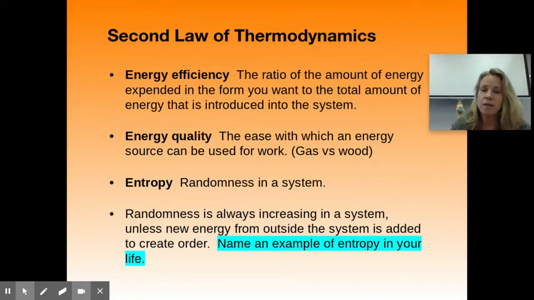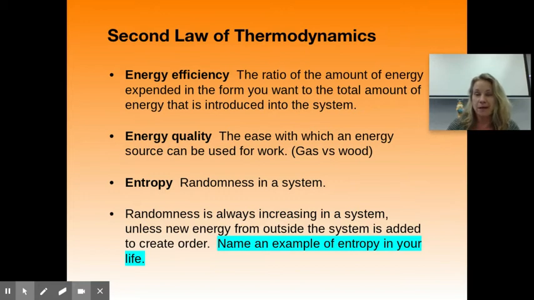And then entropy, randomness. So the second law states that there's less and less energy. There's also more and more disorganization. So that's entropy. And entropy is always increasing. So as energy transfers from one system to the next, it is changed and not as organized. And so on the bottom of the slide, it says, name an example of entropy in your life.